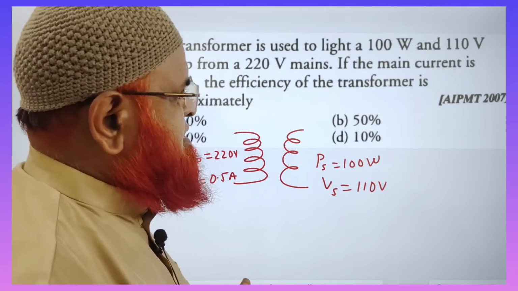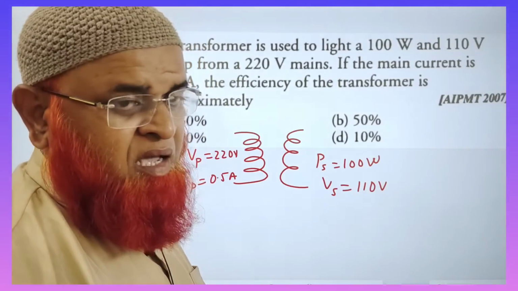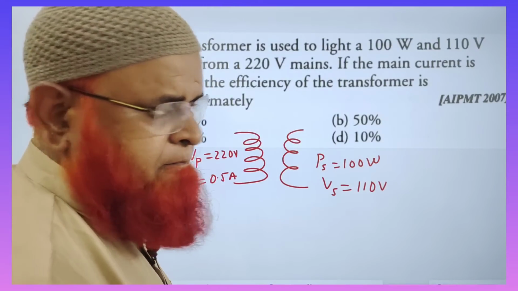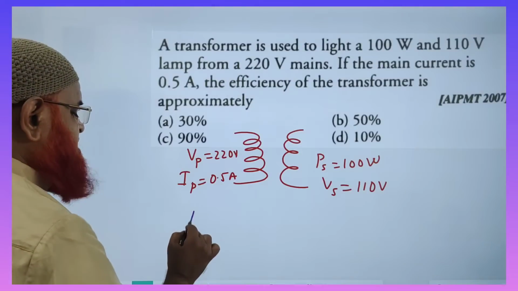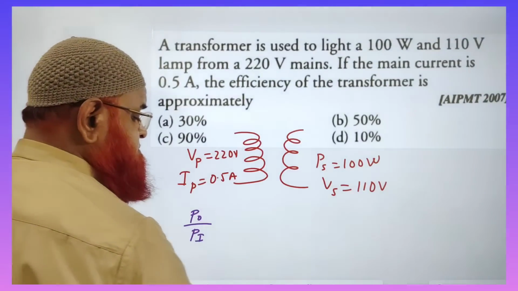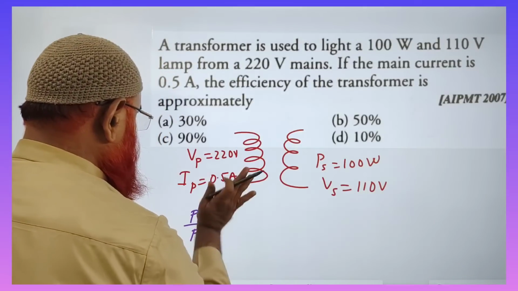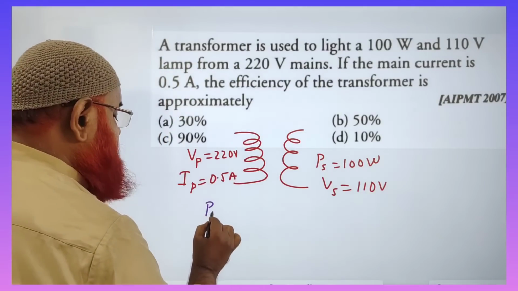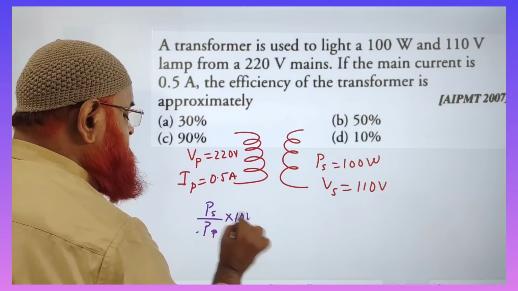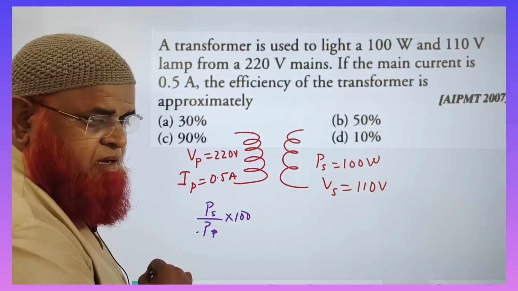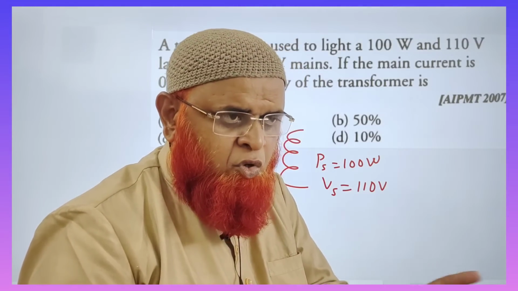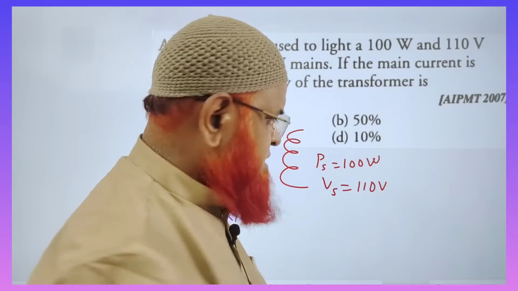Percentage is being asked. He's asking us to find out the percentage. So what is the meaning of percentage here? Power output by power input. Means power at the secondary by power at the primary into 100. I explained 10 questions. You attempted 8 questions.